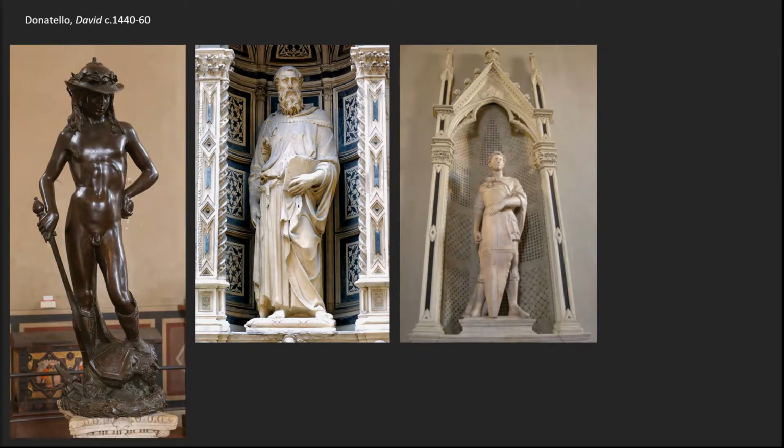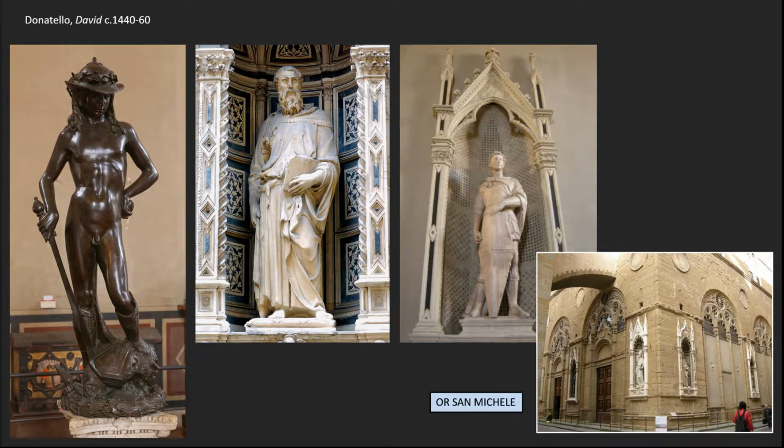So he did these 2 different statues on, or he actually did 3, on the Guild Meeting Hall of Or San Michele in Florence, and there's a worksheet on this. And from this, he had become easily the most in-demand sculptor, not only in Florence, but in all of Italy, right? He is to 15th century sculpture what Michelangelo would become to 16th century sculpture.